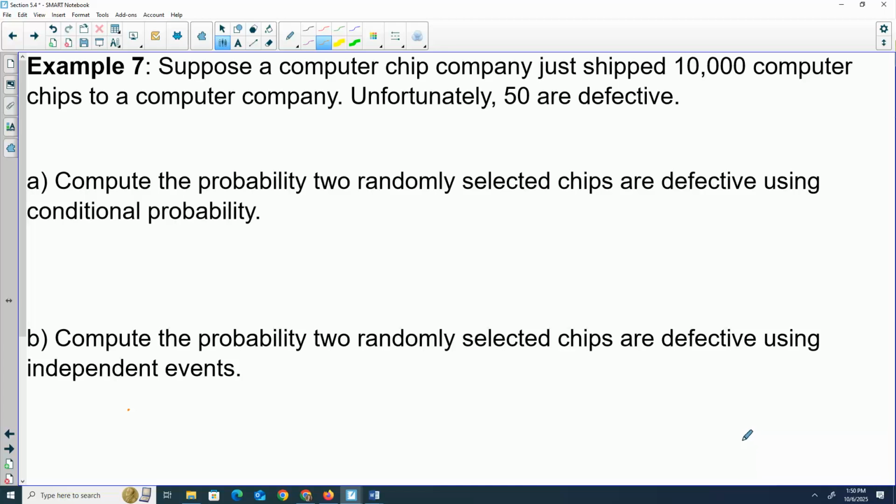We have 1,000 computer chips. 50 are defective. So what's the probability that 2 selected chips are defective using conditional probability? And what about the second one? 49 over 9,900.